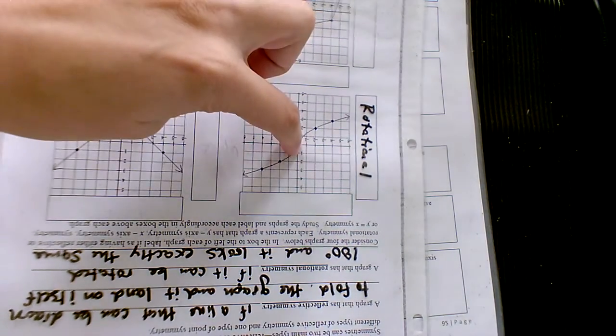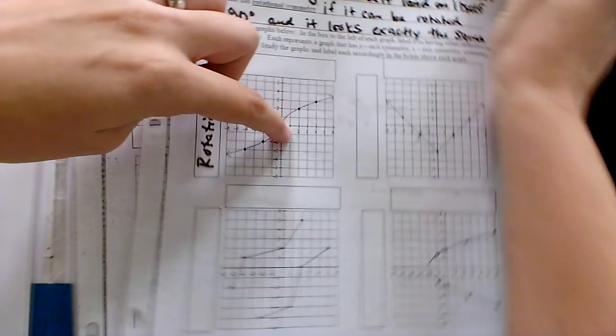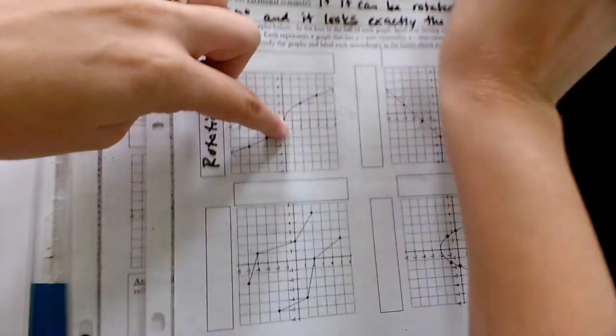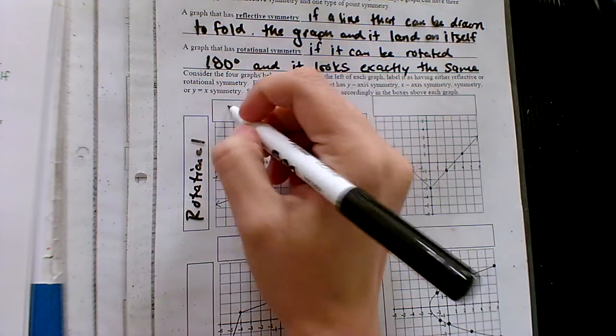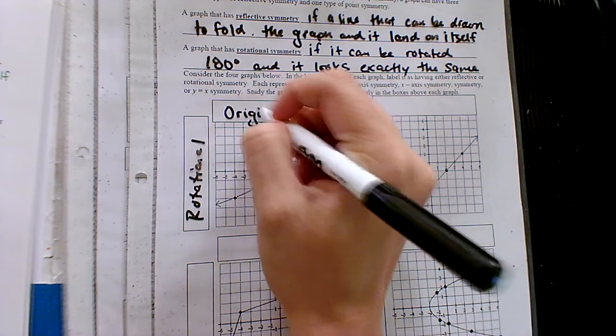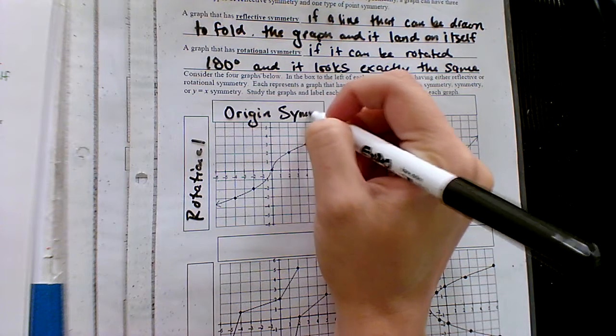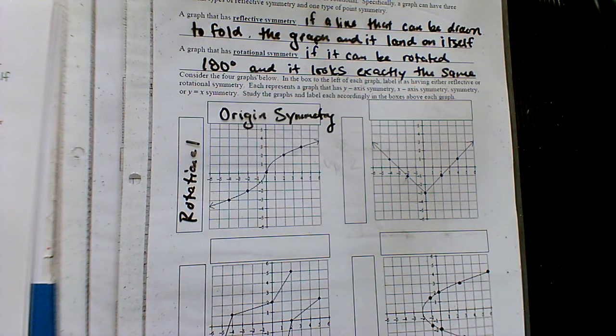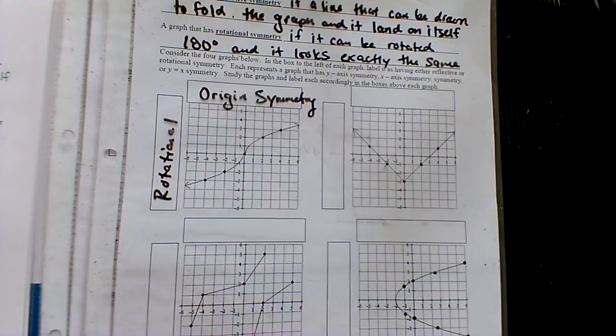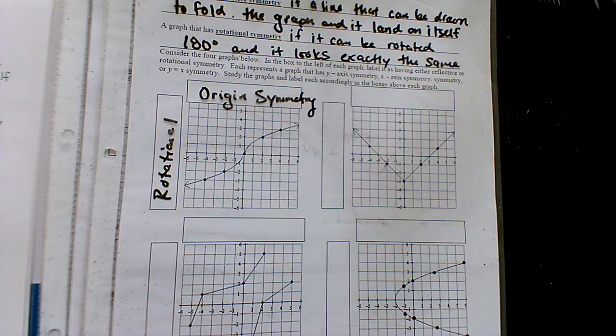It's almost like I could put my finger there and rotate it, and it would be exactly the same. So the origin is not moving when you go through this rotation. Sometimes this is referred to as origin symmetry, and rightfully so, because the origin doesn't really move. It's like you put a thumbtack or your finger there and it stays still. So that's rotational, if you can turn it upside down and it's exactly the same.